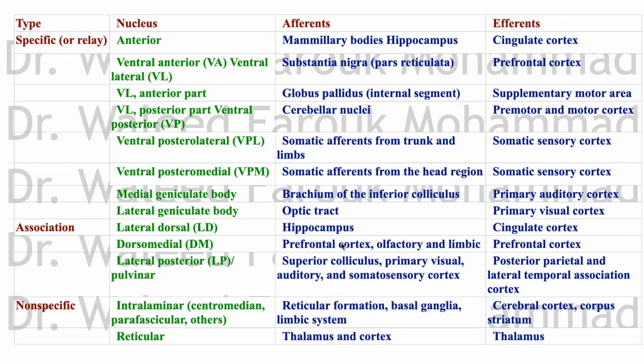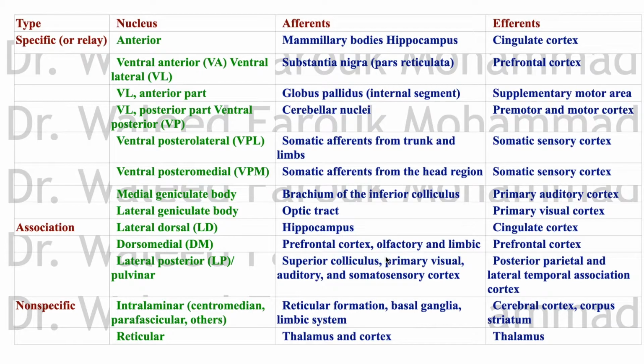The dorsomedial or medial nucleus is connected to the prefrontal cortex, olfactory and limbic systems. The lateral posterior nucleus or pulvinar is an association nucleus, connecting to the visual, auditory, and somatosensory cortex, and also to the association cortex: posterior parietal and lateral temporal association cortex.